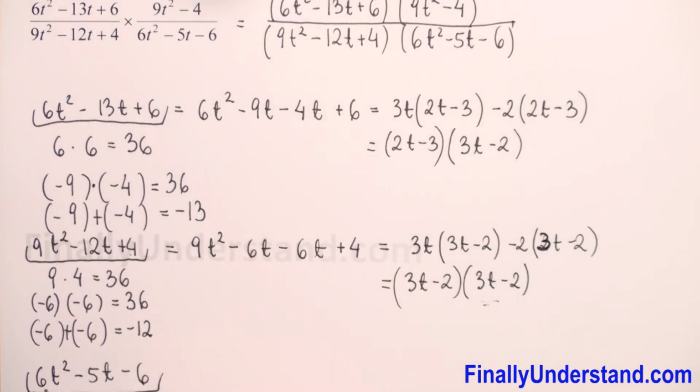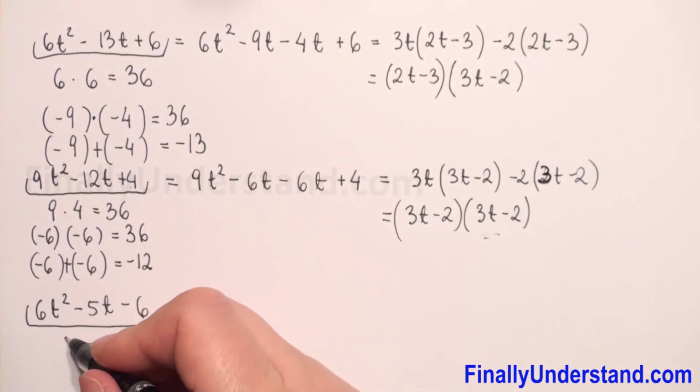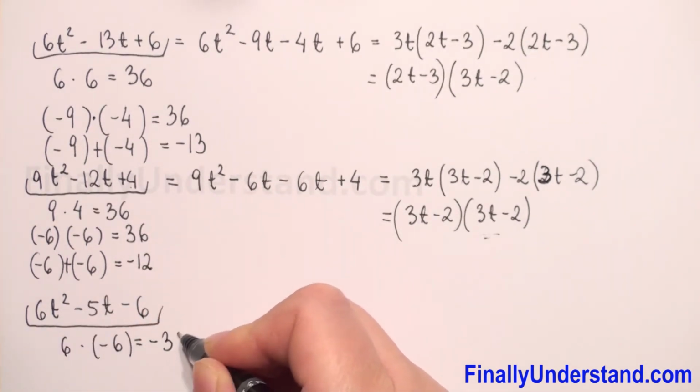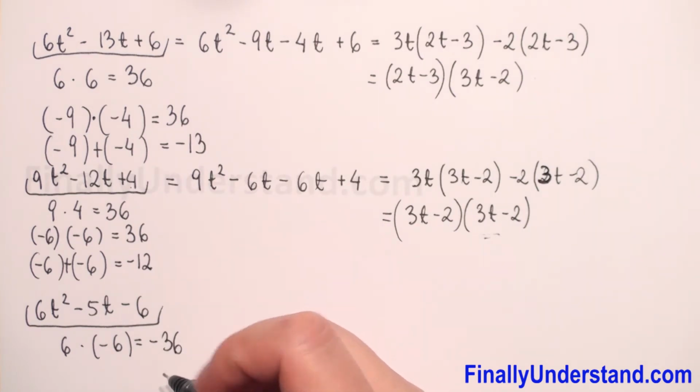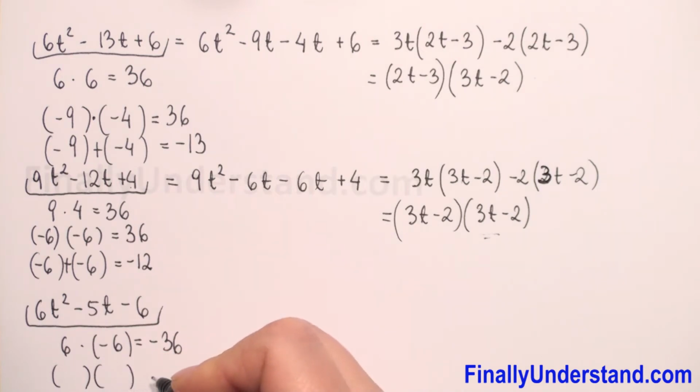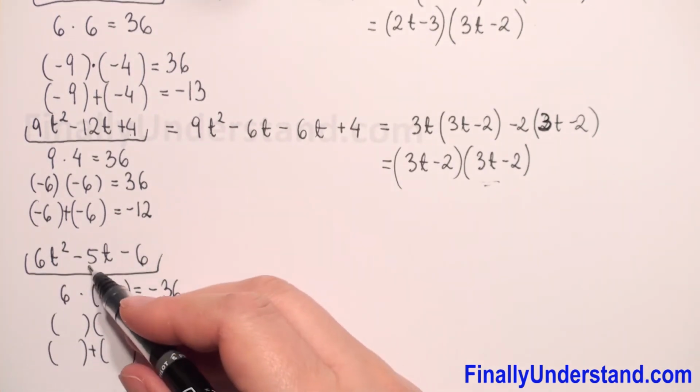First we multiply the coefficient before t squared by the constant, so this is 6 times negative 6, this is equal to negative 36. And now we have to find two numbers which when I multiply, I will have negative 36, and when I add these two numbers I will have negative 5.